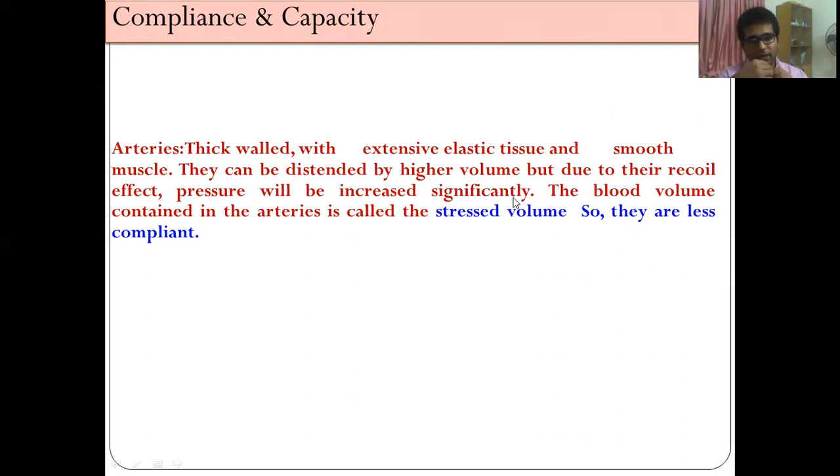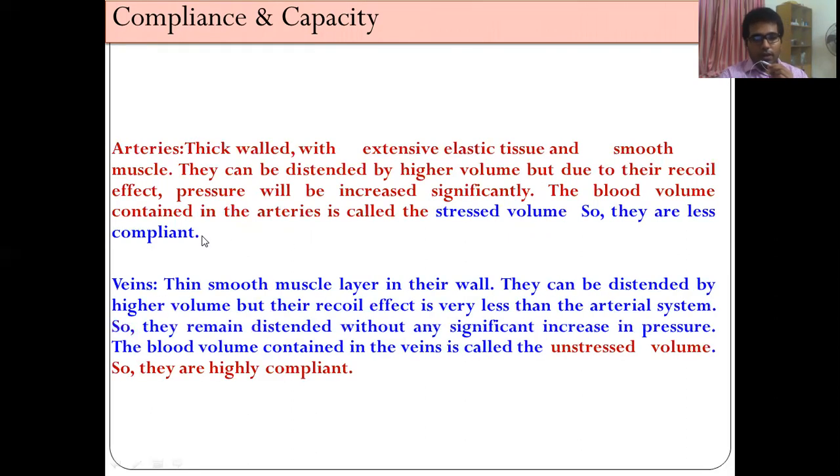That means arteries, due to their elasticity or thick smooth muscle in their wall, can accommodate the extra volume of blood, but at the cost of significantly increased pressure. Okay, so the blood volume contained in the arteries is called the stressed volume, so they are less compliant.